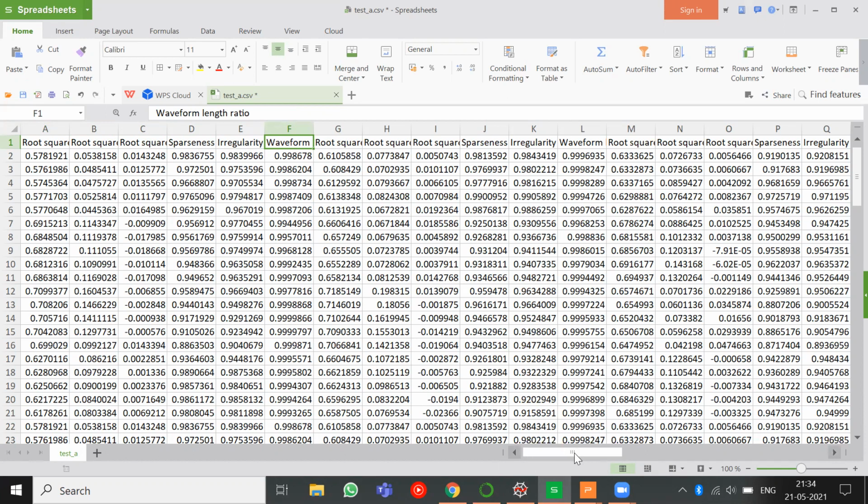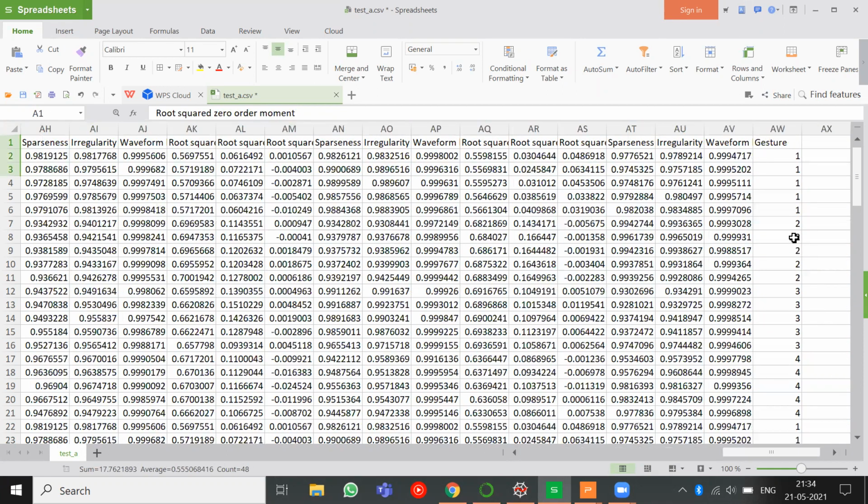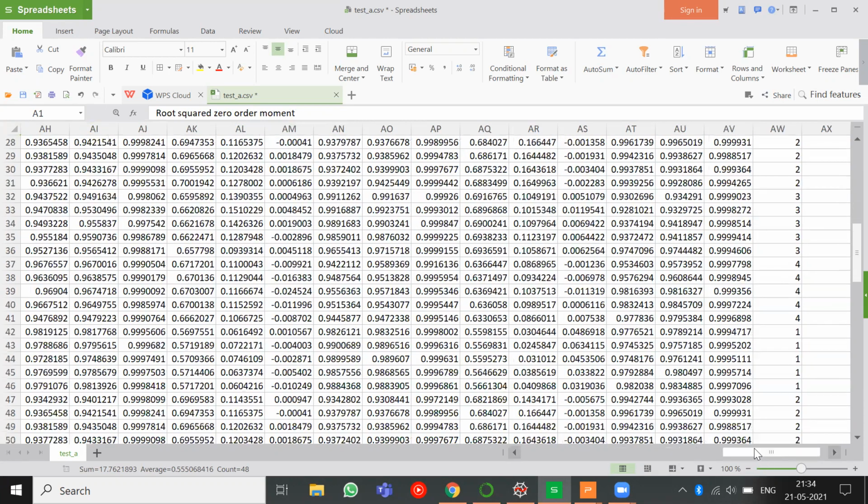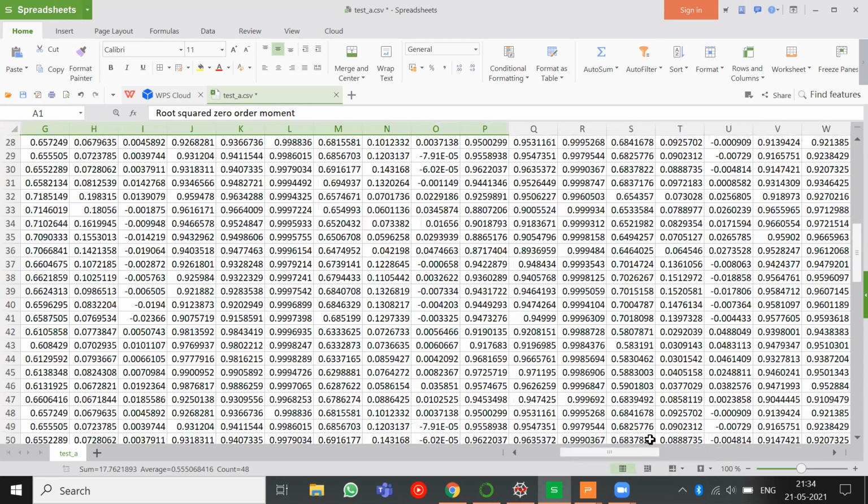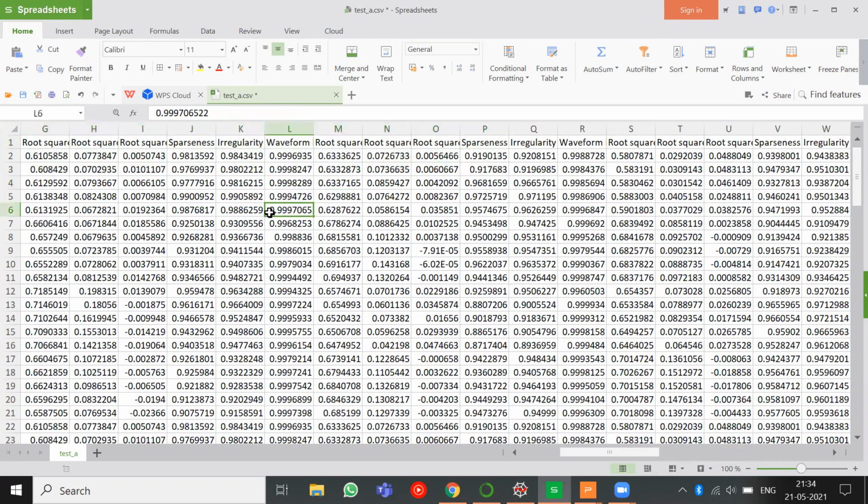So basically what LDA and PCA do is that, as you can see, there are so many features which will be predicting the final value of our project, which is which gesture was performed: gesture 1, 2, 3, or 4. So what these algorithms do is they basically combine multiple features which affect the output of the algorithm in the same way, so it considers them as one and distinguishes the other extracted features.